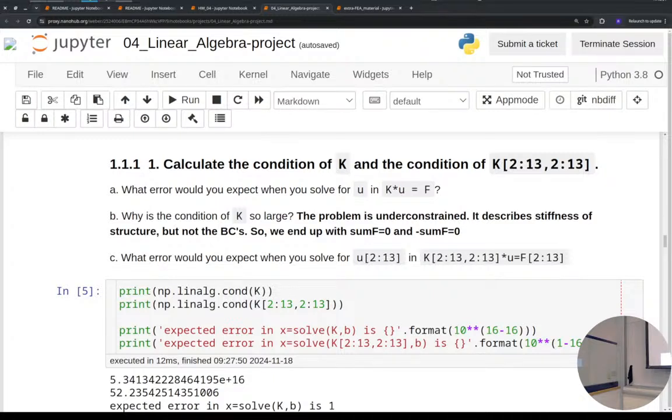Yeah, because when you're solving, object needs some stuff with those.